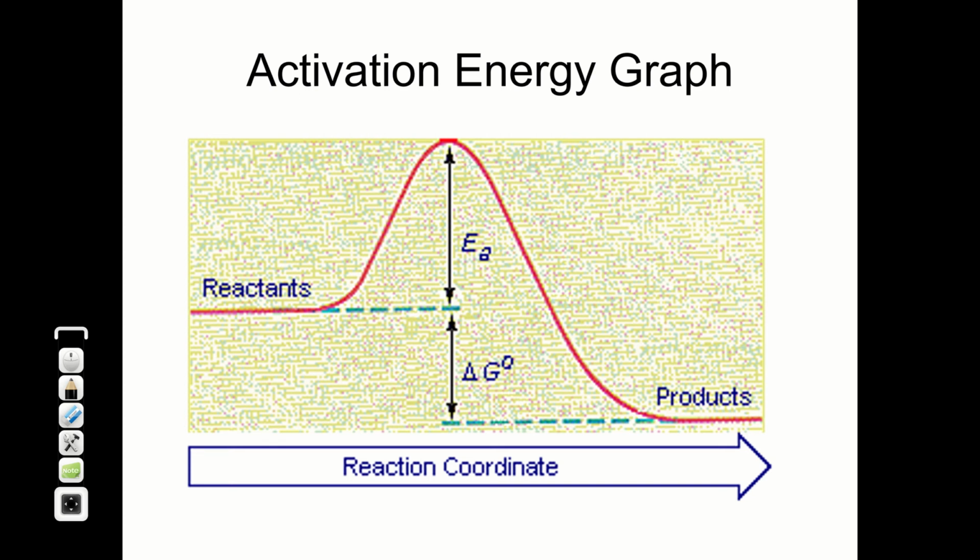One other thing you can see here, we talked about Gibbs free energy. The difference between where the reactants start and where the products are is the Gibbs free energy of that reaction. You can see this one is negative, all right, saying that this reaction is favorable for the products. Okay, this is favorable for us to go ahead and proceed and create products. We are going to a lower energy.